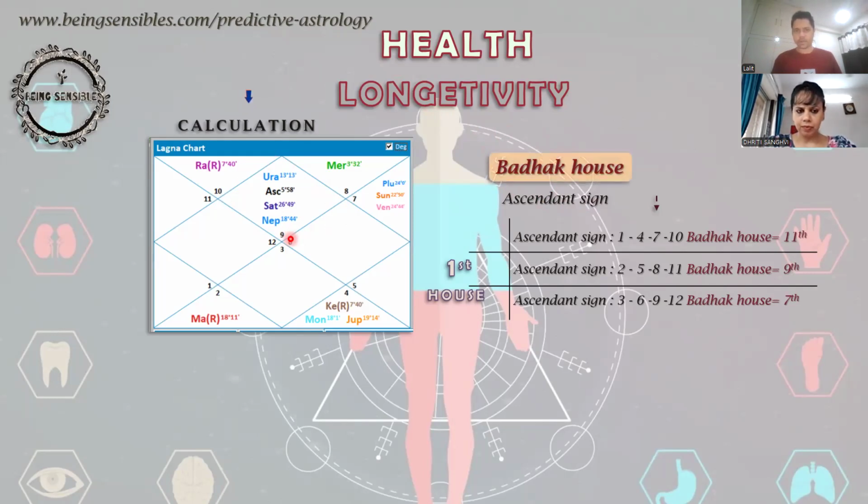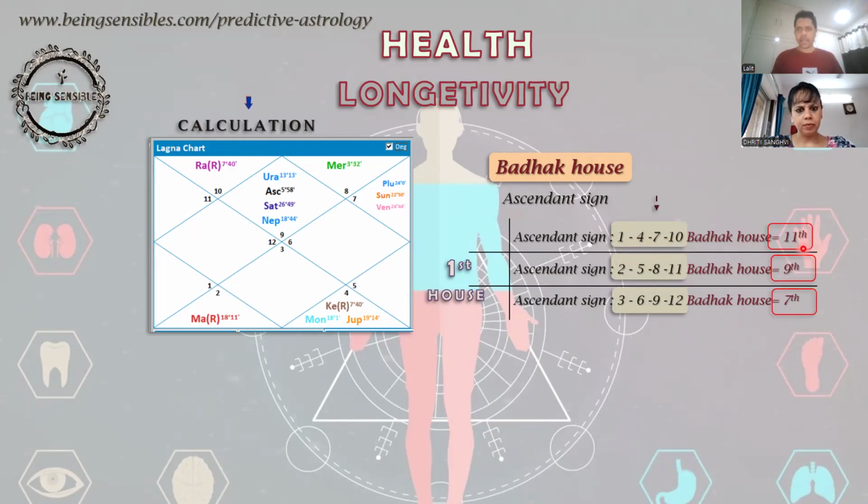Always start with the lagna chart to understand what the ascendant is. If you find 1, 4, 7, 10, meaning Aries, Cancer, Virgo, Capricorn, the Badhak house is the 11th house.